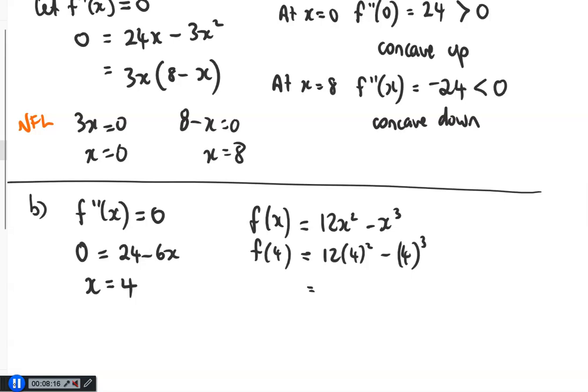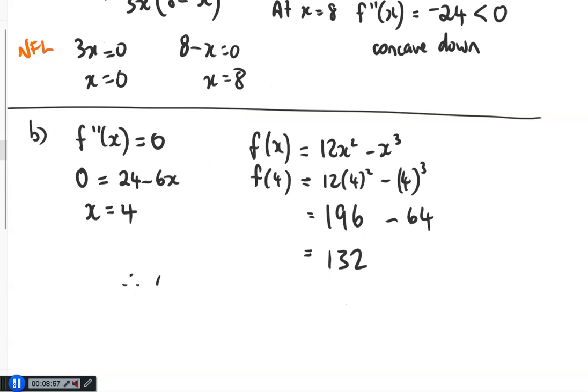So 4 squared is 16, 12 16s, 144, and 4 12s are 48, so 196. Apologies. And 4 cubed is 64. So that's going to be 132.